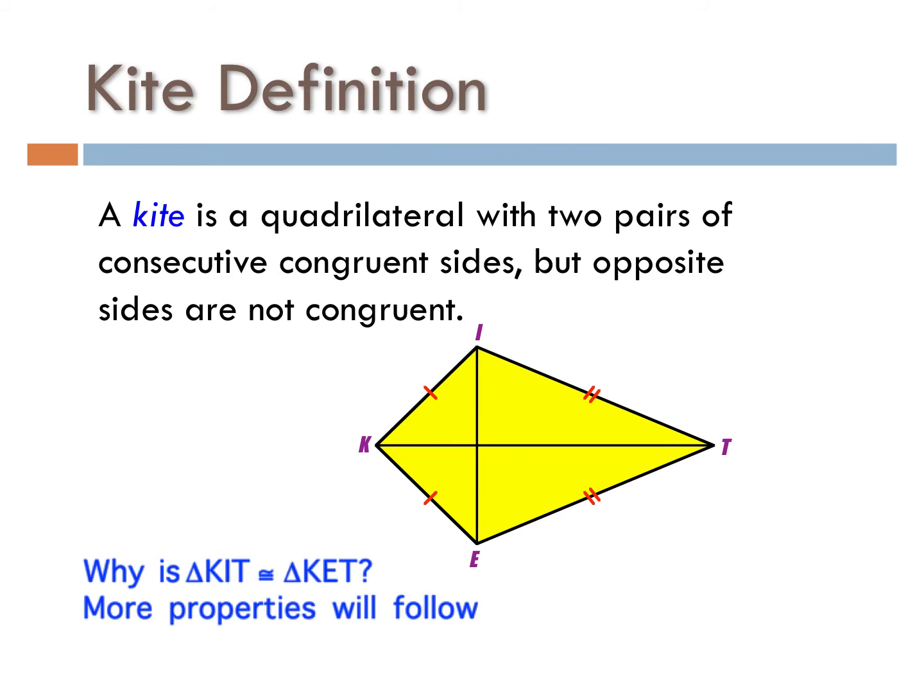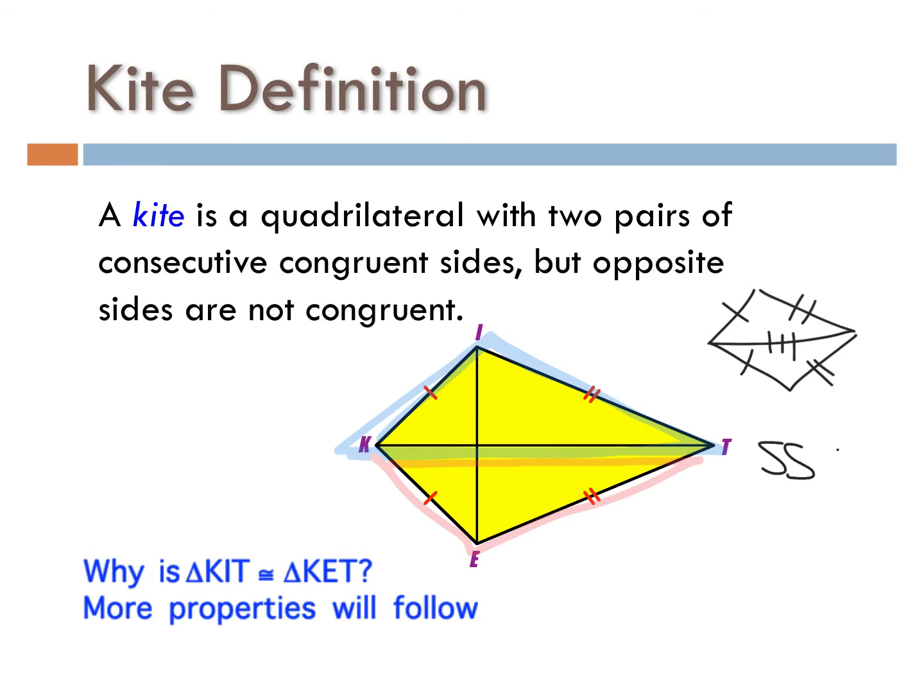All right, so then we're being asked, why is triangle KIT, so this one, congruent to KET, this one? So what happens is, if you remember from our congruent triangle chapter, if you have 2 triangles that share a side, this side is congruent to itself by the reflexive property, so by side, side, side, those 2 triangles are congruent.